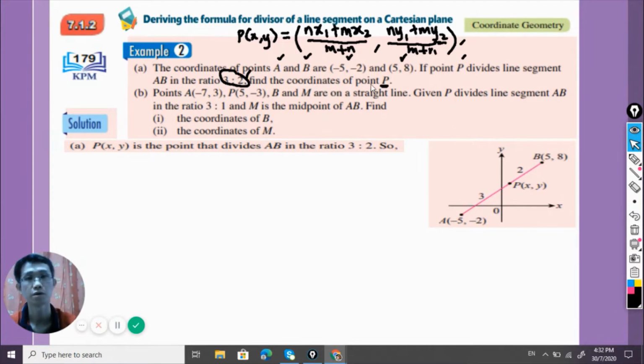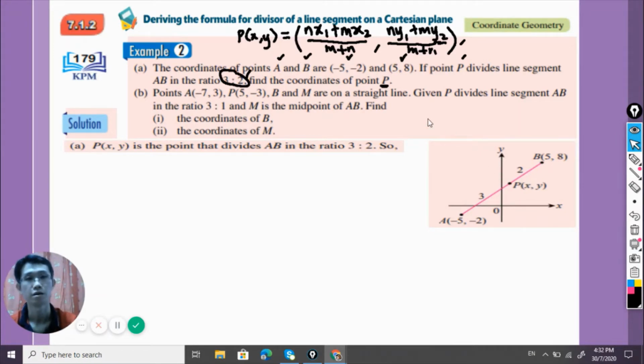If you draw according to the coordinates given for point A and point B, you'll find that the line segment looks like this. A is on the negative side of x and negative y, while point B is on the positive side of x and positive y. And P is somewhere in between on the line segment AB.